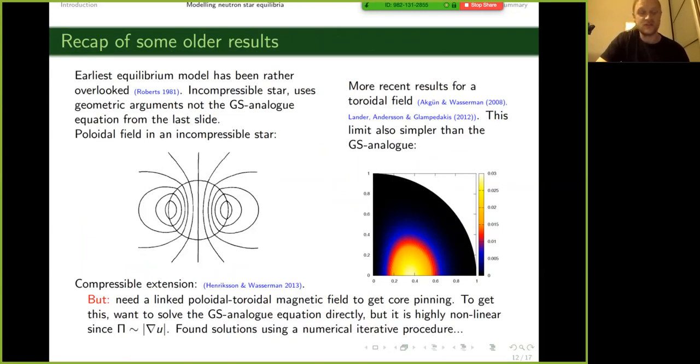It's because this pi variable depends on the magnitude of B, which depends on the magnitude of the gradient of U. Having to take a derivative before plugging it in as a source term for your differential equation makes the numerical iterative procedure much less stable. But I got there in the end.